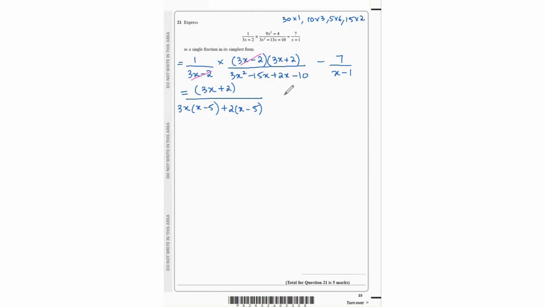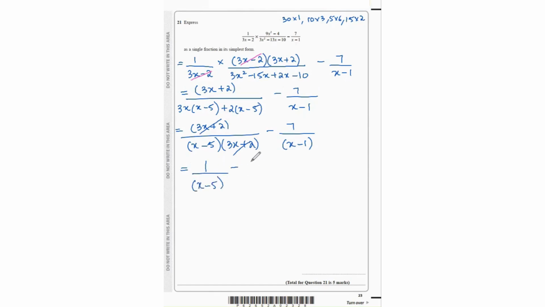X minus 5 goes in the bracket. So that's (3x plus 2) over (x minus 5) times (3x plus 2) minus 7 over (x minus 1). 3x plus 2 gets cancelled out. So we have 1 over (x minus 5) minus 7 over (x minus 1).